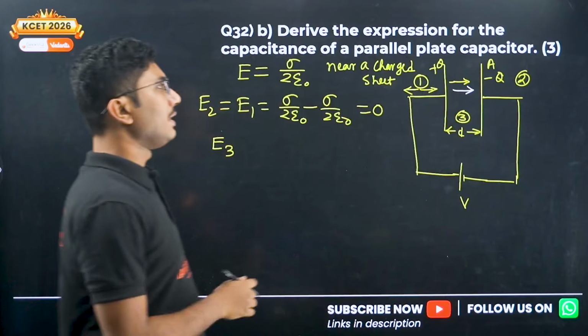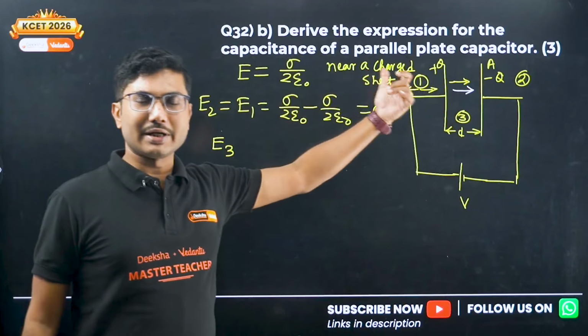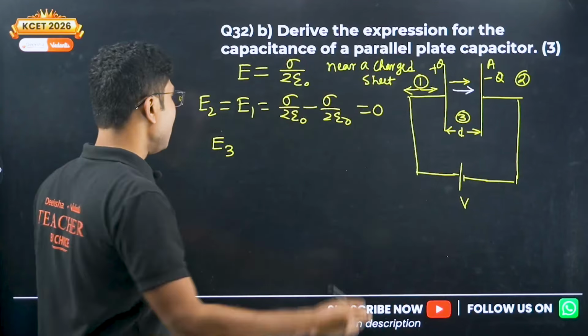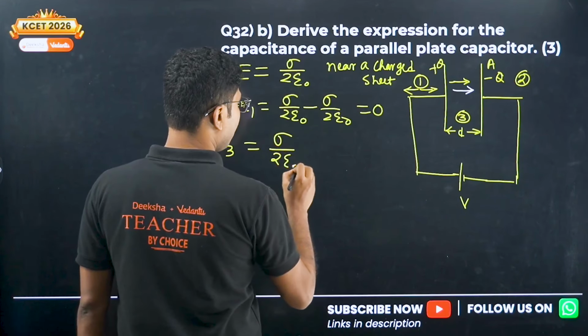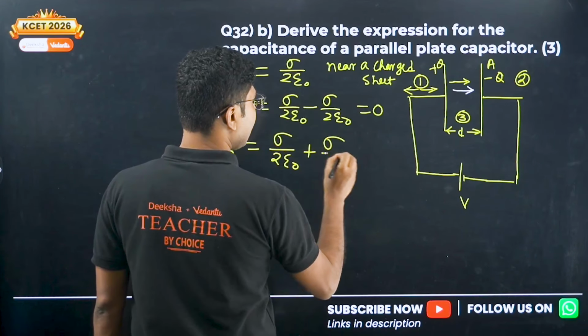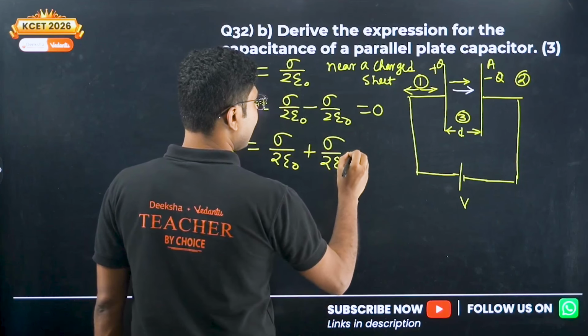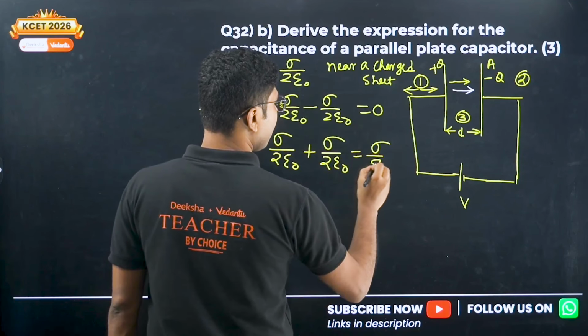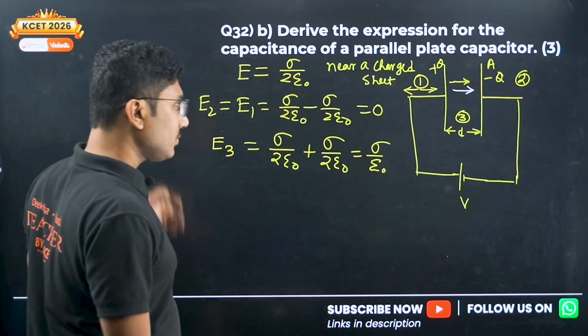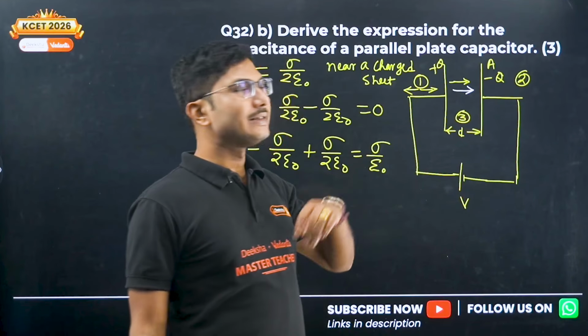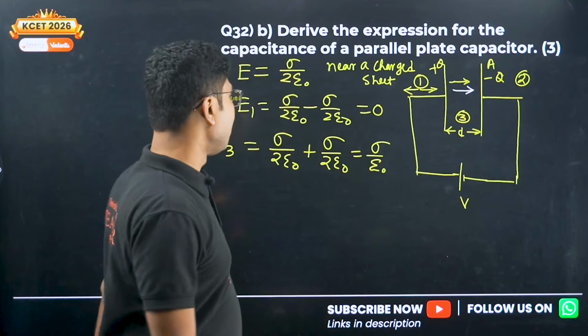So the net electric field will be sigma by 2 epsilon naught plus sigma by 2 epsilon naught, that is sigma upon epsilon naught. So this is the electric field in zone number 3. And the potential that you have applied is applied only in zone number 3.